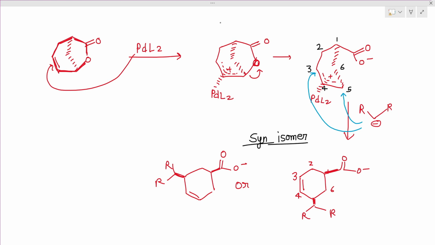But you can see these two are mirror images. It means you are getting two enantiomers, both optically active. So this is a racemic mixture of syn diastereomers, and that was given to you in option C. So option C is the right answer.